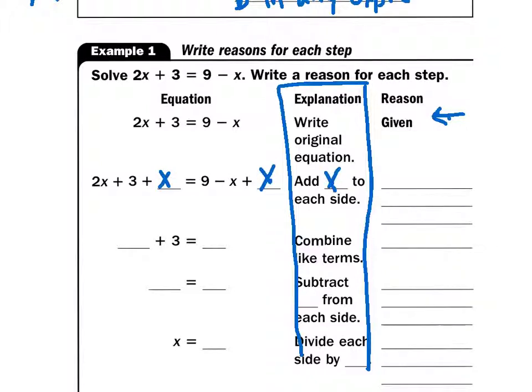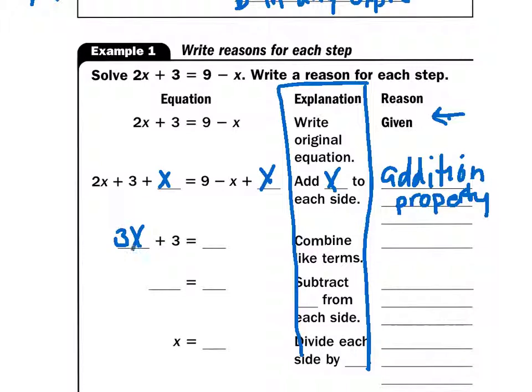And that is because of the addition property. And then what do we get? 3x plus 3 equals 9. And the reason we can say that is we can use another algebra property, and we're just combining like terms. We can either say combine like terms, or you could say simplify.